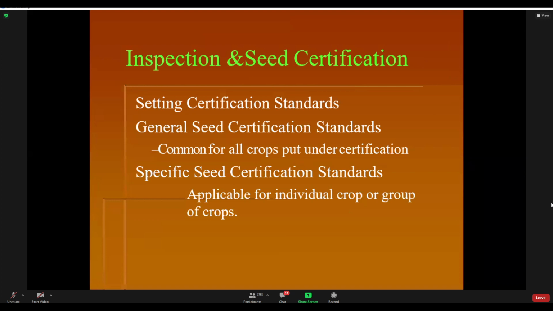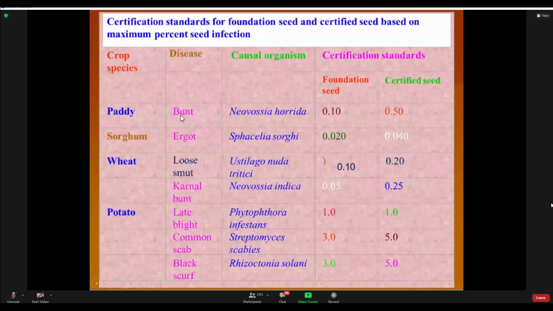And general means for a group of crops, for a group of diseases. You can check here the seed certification standard, the maximum percentage seed infection standard you can see for different crops. Just look at the slide.